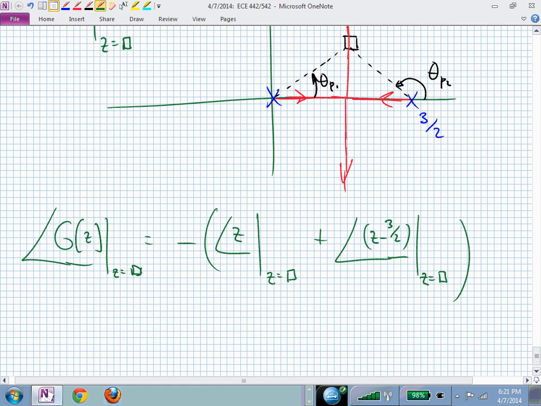What's the angle of the factor z minus 3/2? Theta sub p2, I hope it's clear from geometry, is 180 degrees less theta p1, by the symmetry of that drawing. So I can now say this is minus theta p1 plus, and theta p2 is 180 degrees minus theta p1.